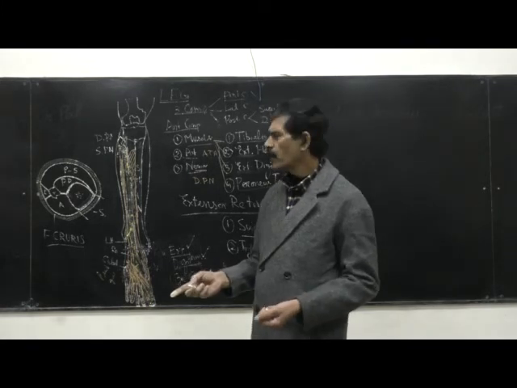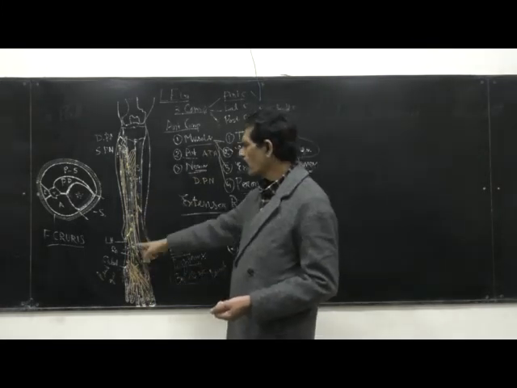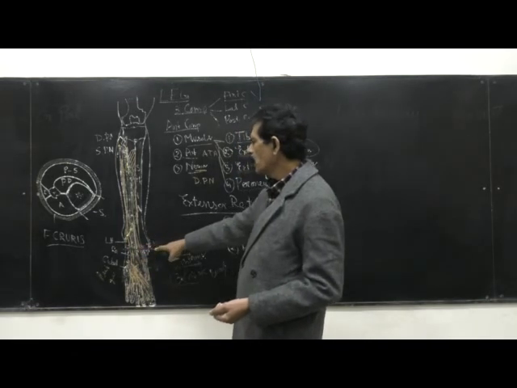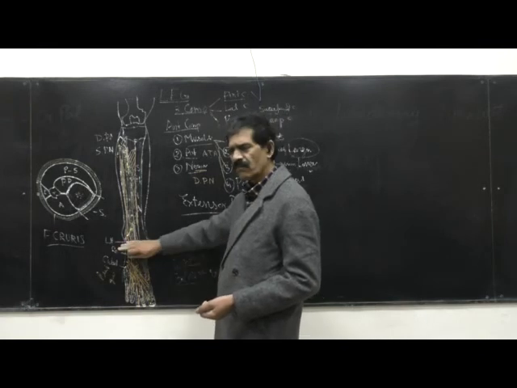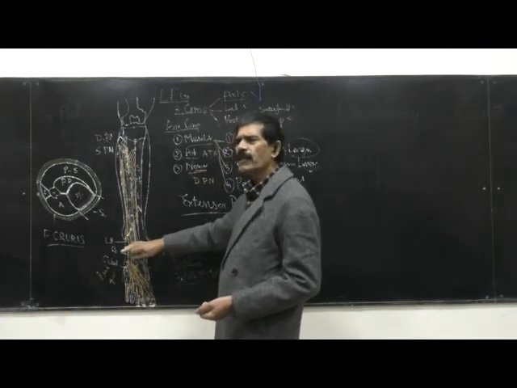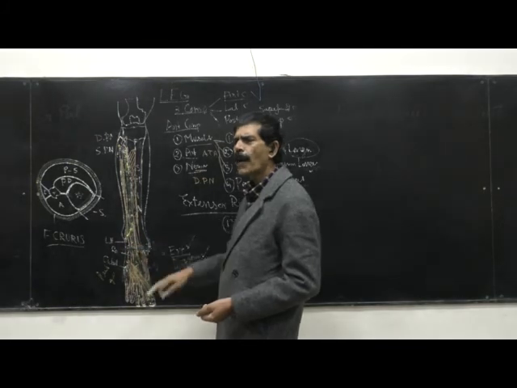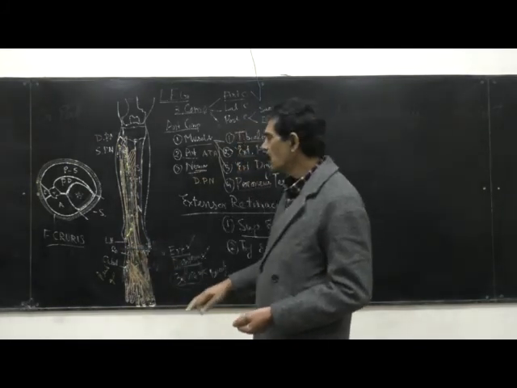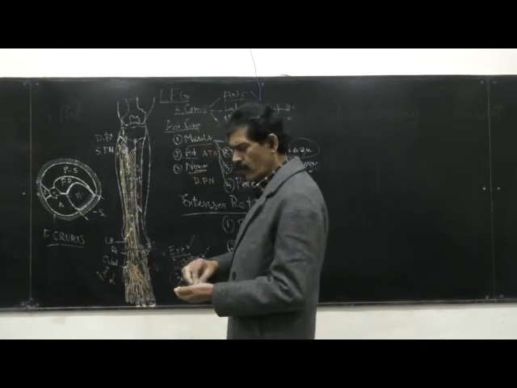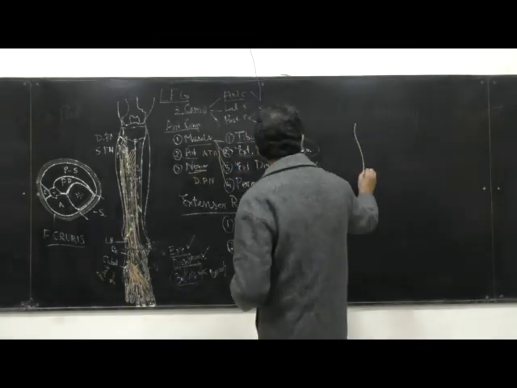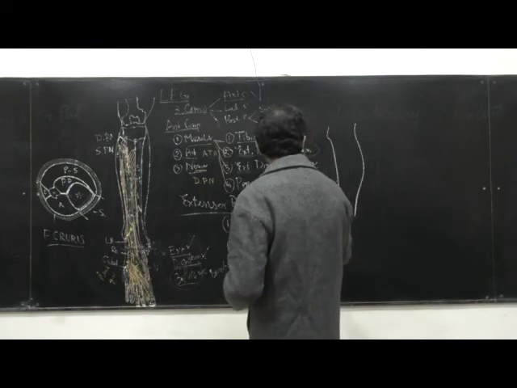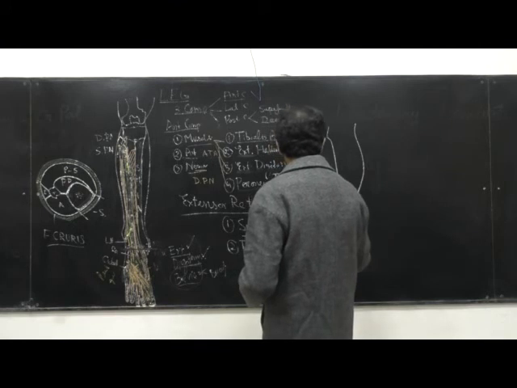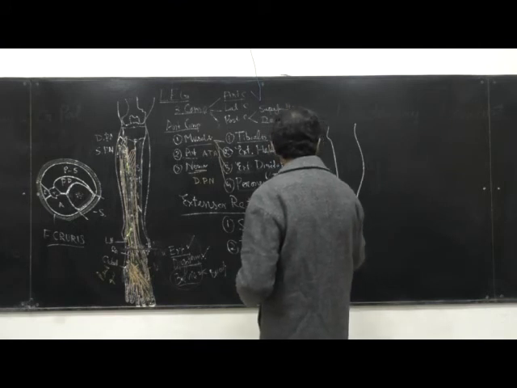So that is the action, because we know all the four muscles are crossing the ankle joint, and they have to be suppressed. They have to be kept as close as possible to the lower end of the tibia and fibula, so that they cannot injure the overlying skin, because we know foot is resting on the ground and all the digits are there.